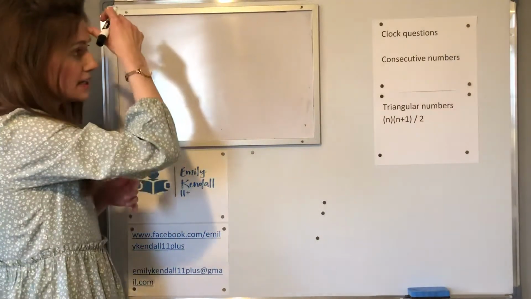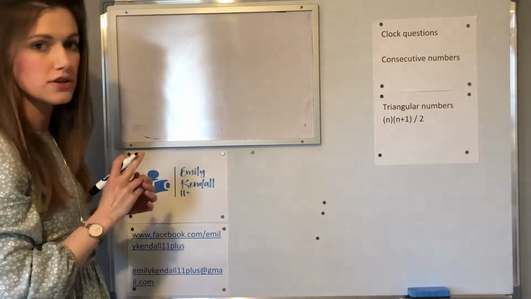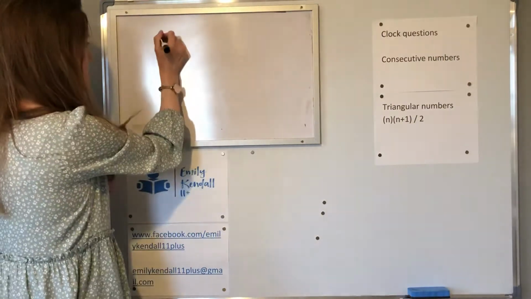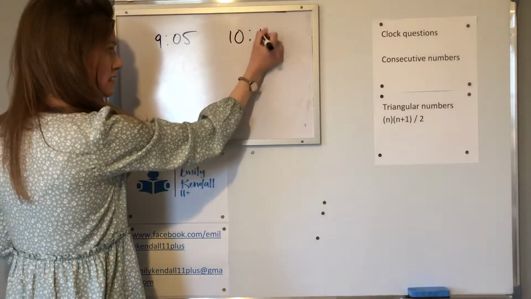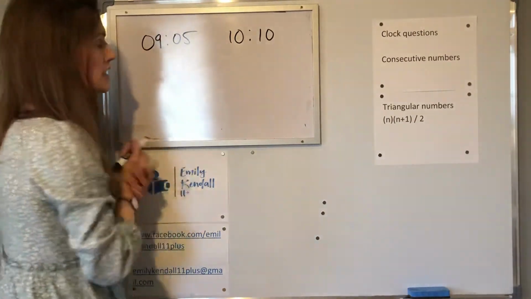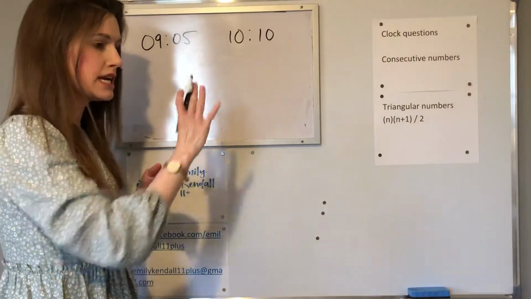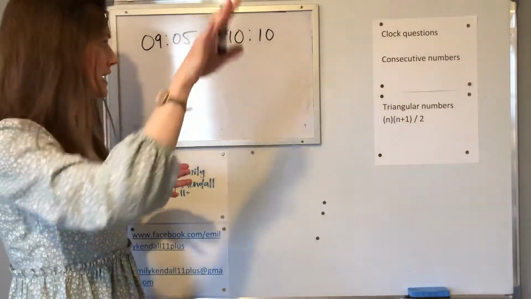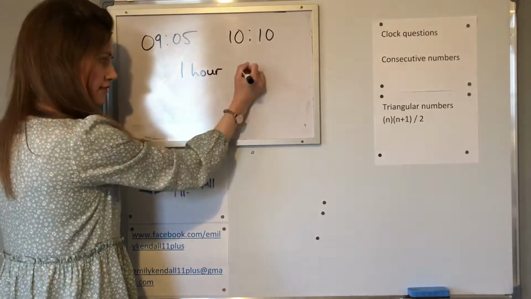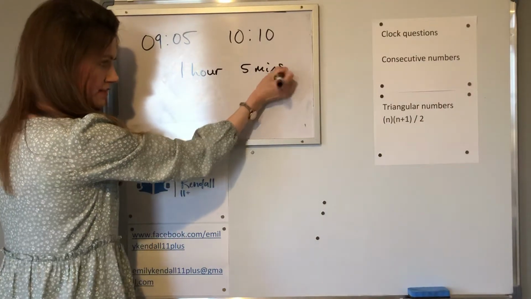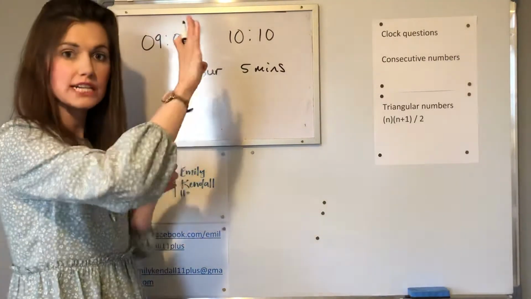So I posted a question earlier about the minute hand of a clock moving between 9:05 and 10:10. Okay, so for this, what you've got to think is the minute hand. How far does the minute hand travel in 1 hour and 5 minutes? Now, in an hour, think what the minute hand would actually do.